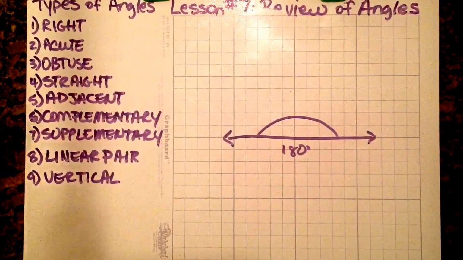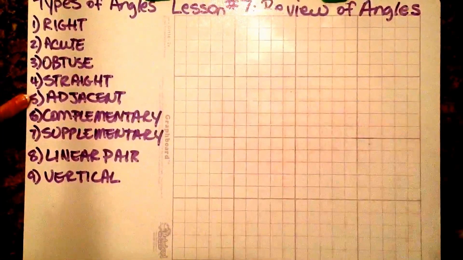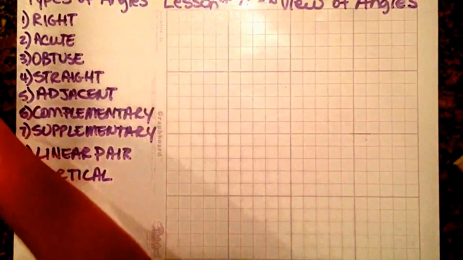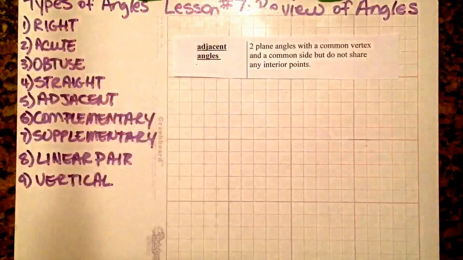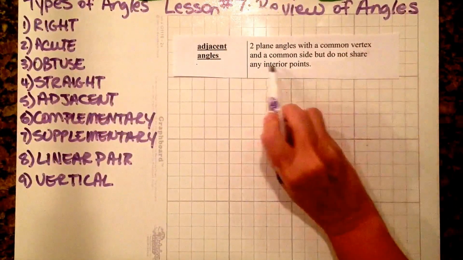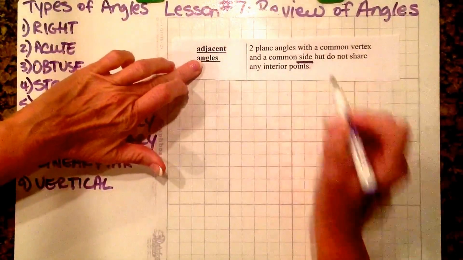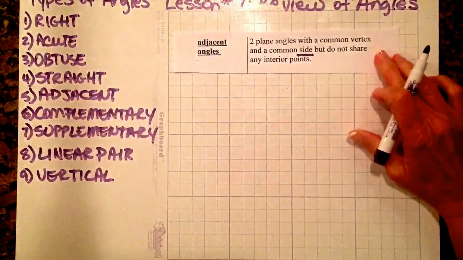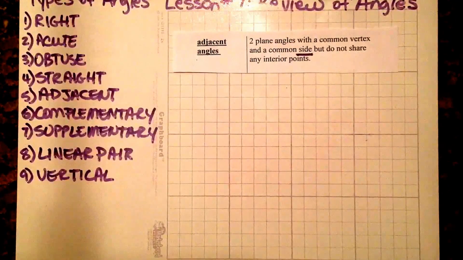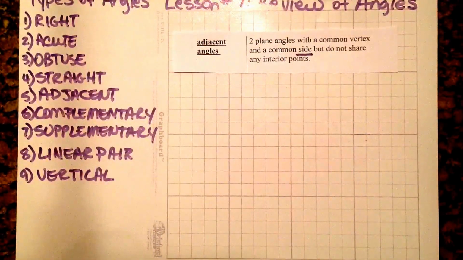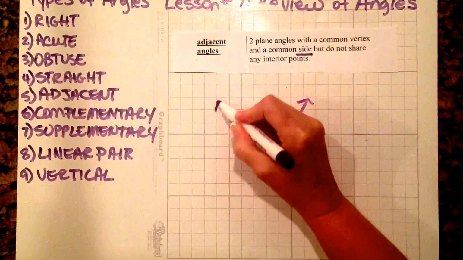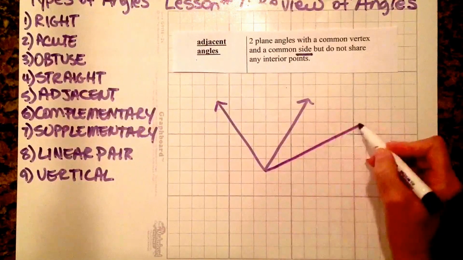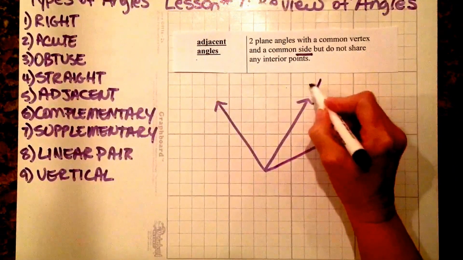All right, now we're down here at number 5, adjacent angles. Adjacent angles have a common vertex and a common side, but they do not share any interior points. So if I drew an angle right here, an adjacent angle would be some other angle that shares the common side.